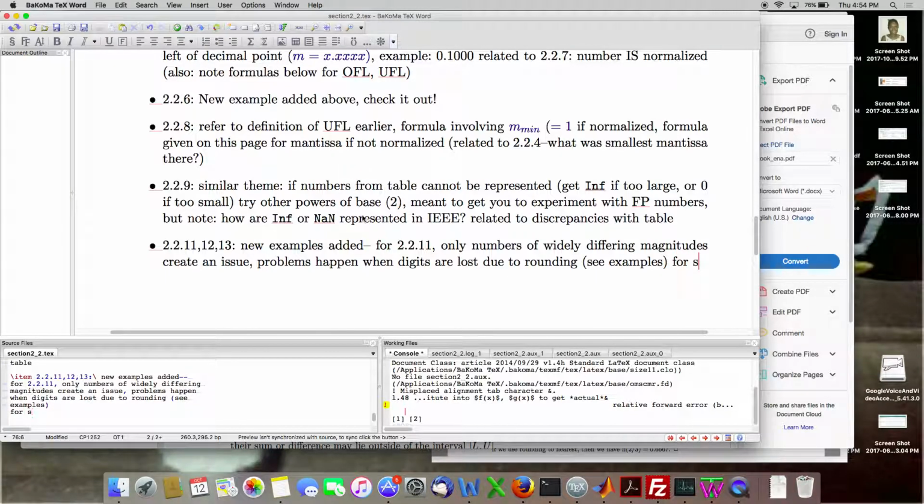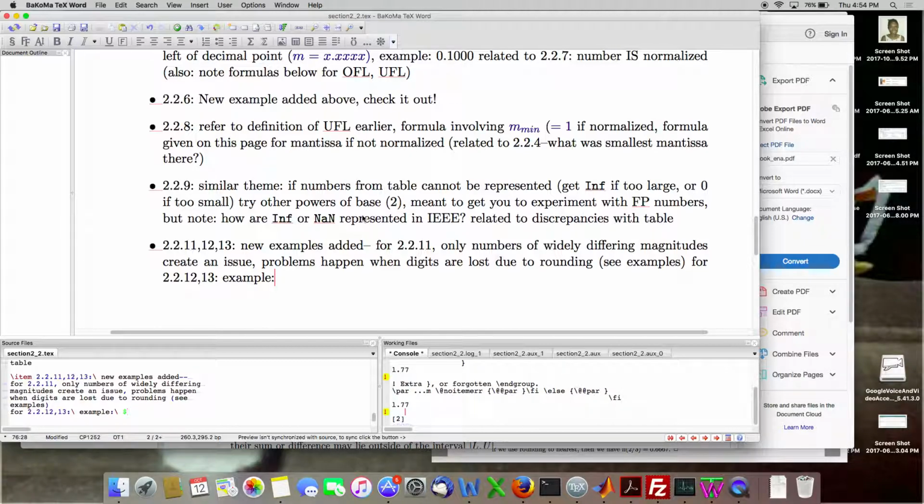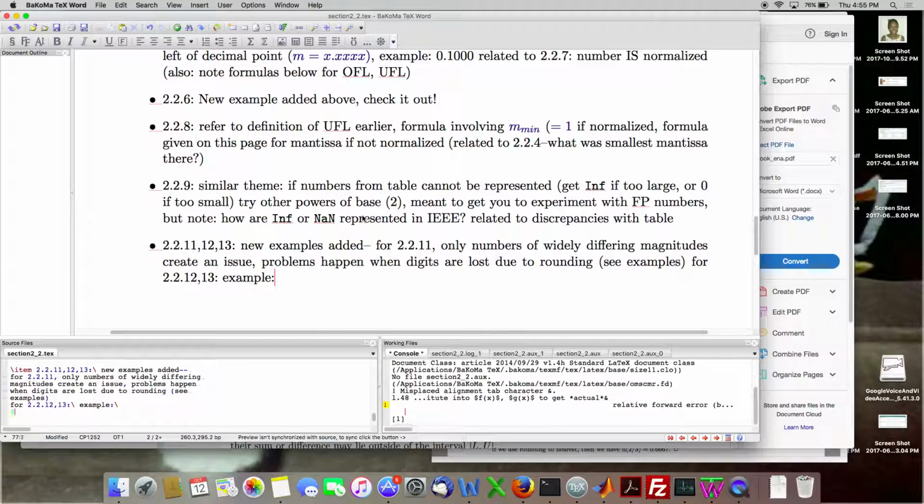And then for 2.2.12 and 13, as an example, I gave a hint before factoring. I said this in words before, but now I'm going to write it out. Okay.